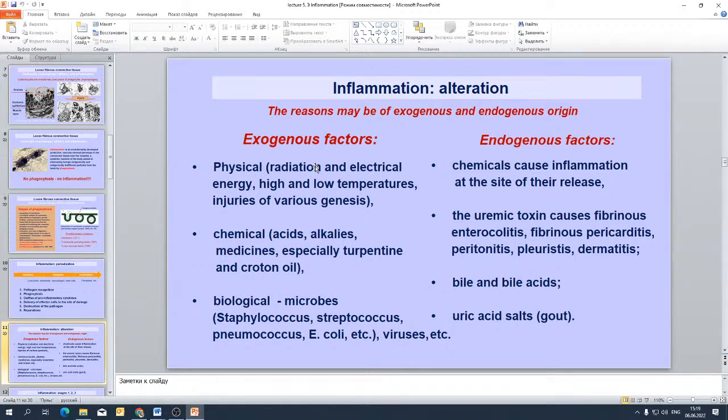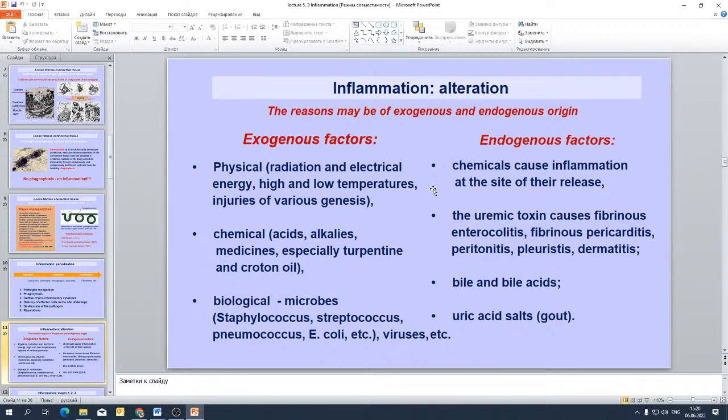For example, exogenous factors: physical, for example radiation and electrical energy, high and low temperature, for example burns. Around them inflammation forms; tissue with necrosis, dead tissue, and around it a zone with inflammation forms.